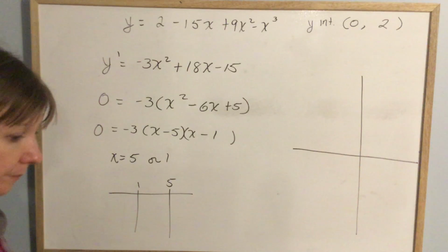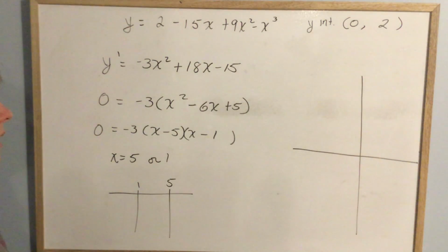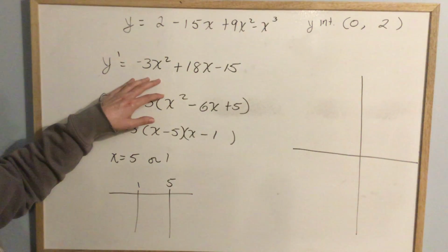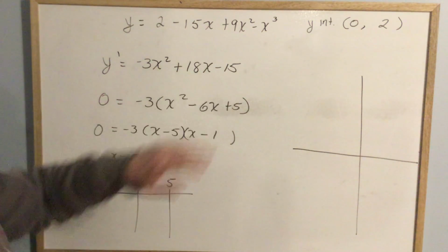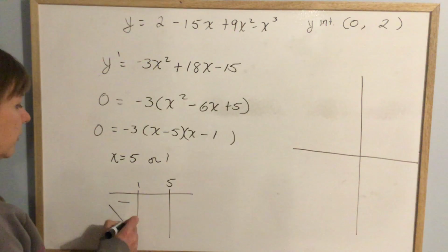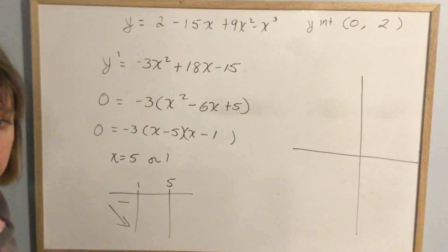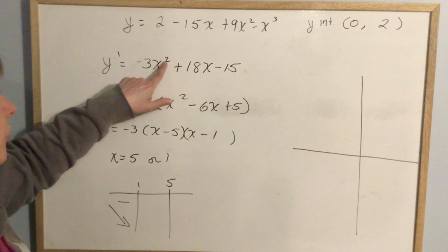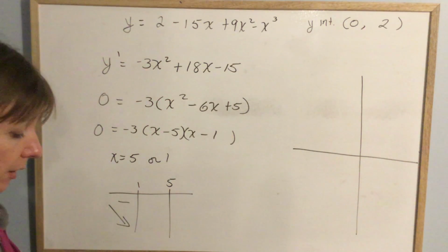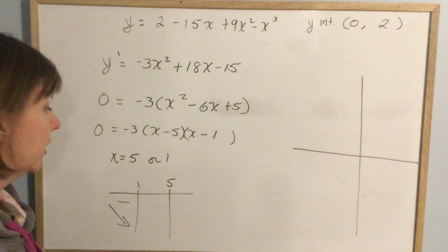So, picking a number before 1, like 0, putting it back into here would be 0 plus 0 minus 15. I'd have a negative, so it is decreasing. Between 1 and 5, like 2. 2 squared would be 4, times negative 3 would be negative 12.